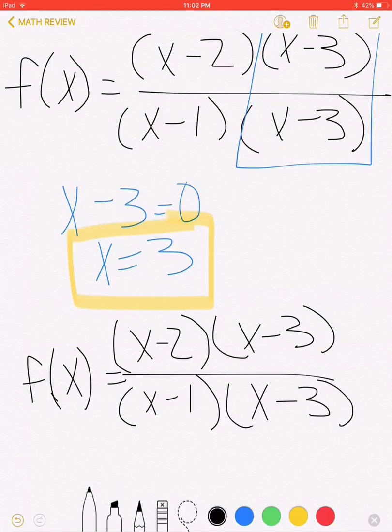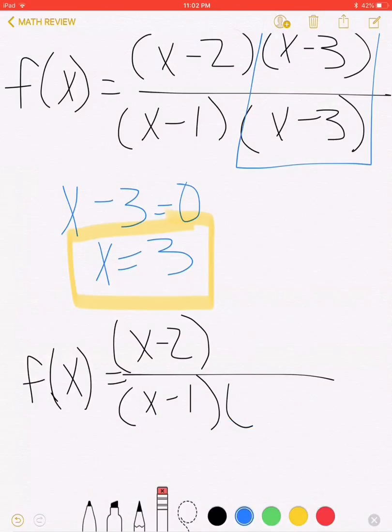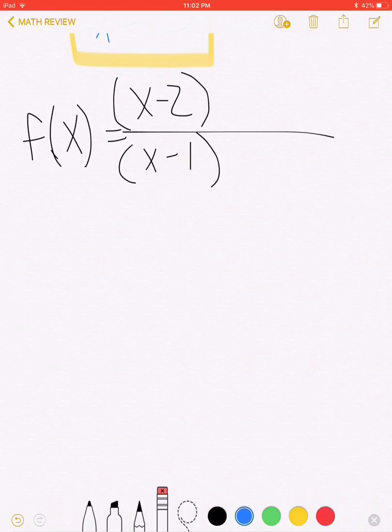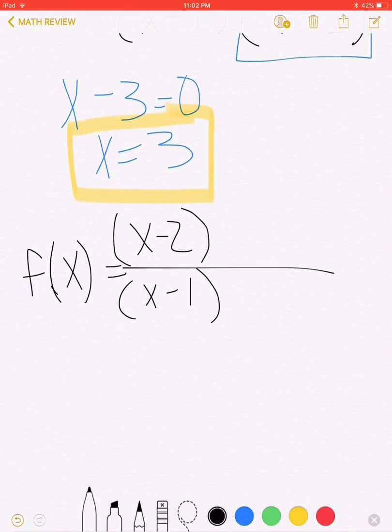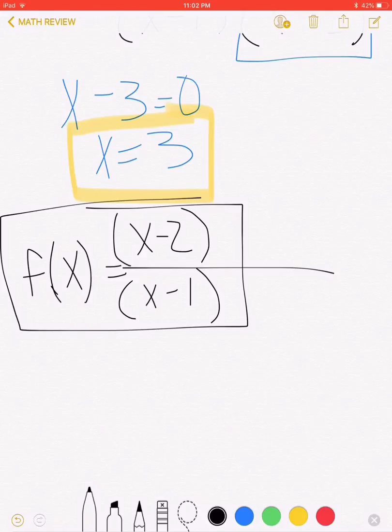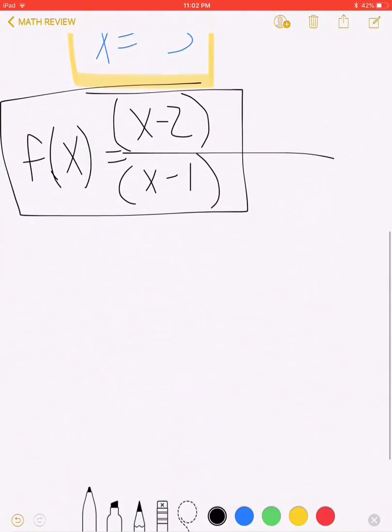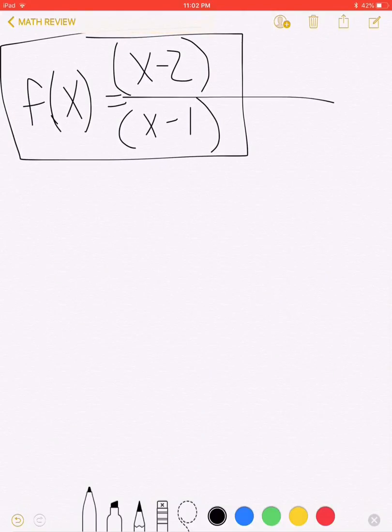You're going to cancel out the common factors, which is x minus 3 in both. So when you cancel those out, you just get x minus 2 over x minus 1. And then we're going to graph that. To graph it, you can just graph the simplified part, and the only thing different about it is that we're going to add in the hole at 3. And we can do that as we're graphing it.